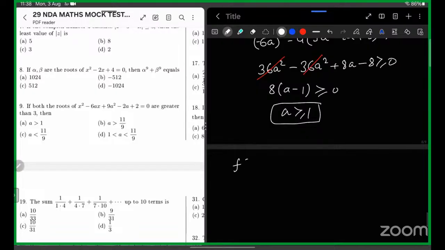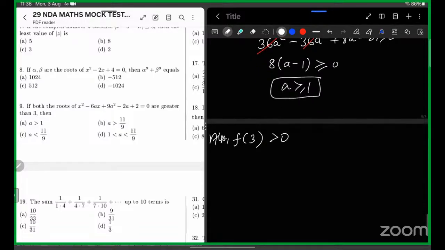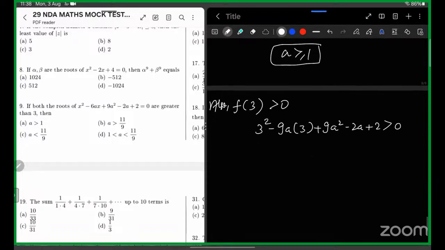So apply that f of 3. They are saying that it is greater than 0 right now. You just put that value in the equation. F of 3 greater than 0. So how much you are going to get? 3 square minus 9a into 3 plus 9a square minus 2a plus 2 must be greater than 0.